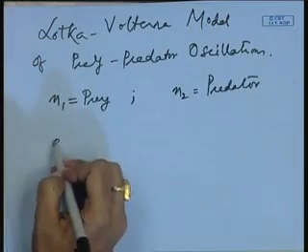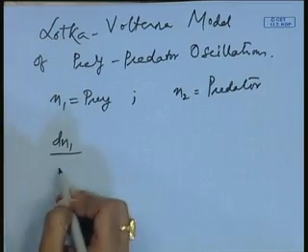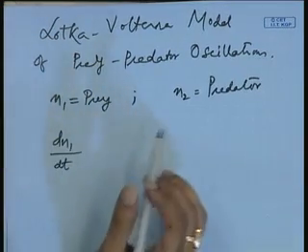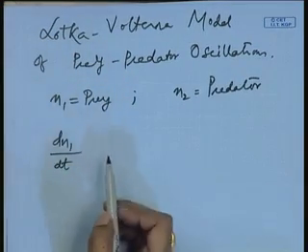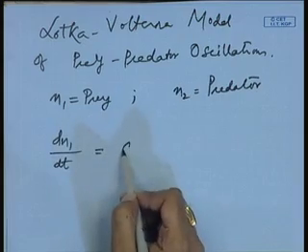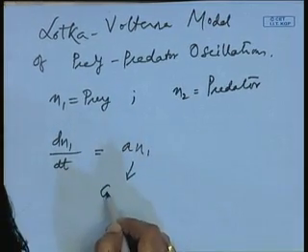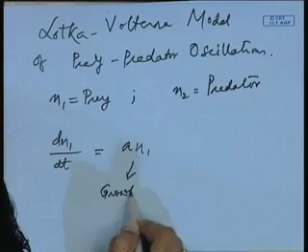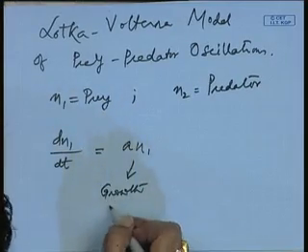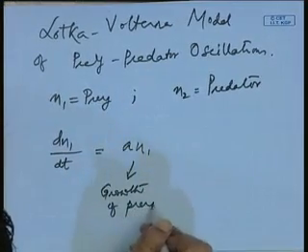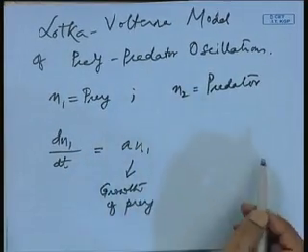If I am to write a balance for N1, a simple ordinary differential balance for N1, I would write dN1/dt equals A N1. This is the growth of prey from the substrate that is there, could be greens or whatever it is eating, but remember the prey growth is not dependent on the predator.